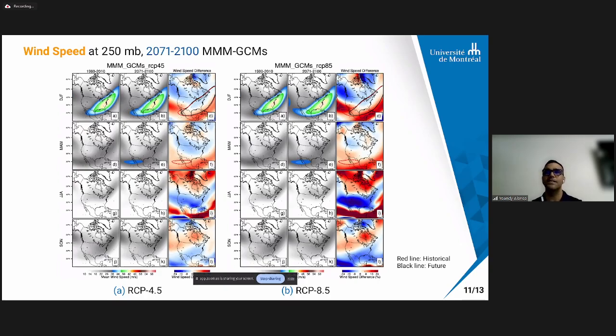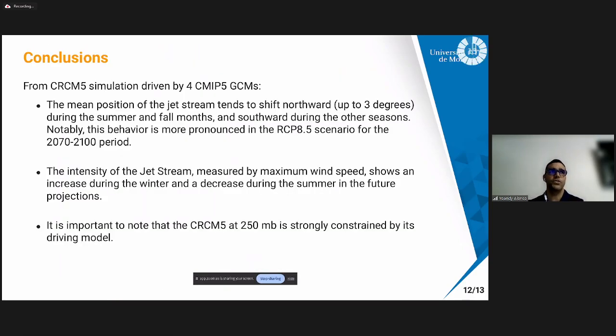We can see that in this case, except for winter, the wind speed is not over 30 meters per second, but we can see that the decreasing areas of wind speeds at 250 millibars are still the same as the RCM5.